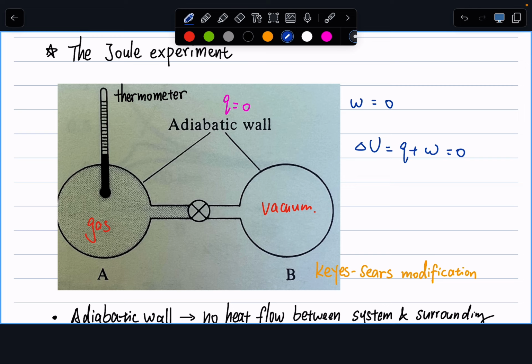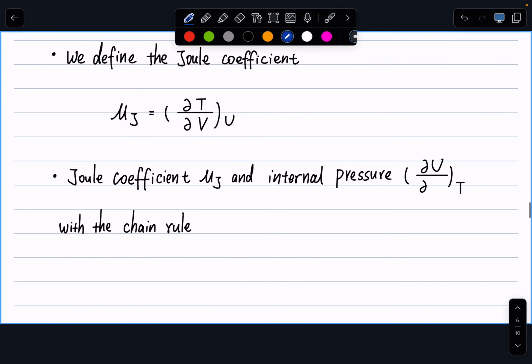All right. With this in hand, we thus define the Joule coefficient. That is mu J equals the partial derivative of temperature over volume at constant internal energy. In this case, the constant internal energy was achieved by carefully setting up the experimental condition.